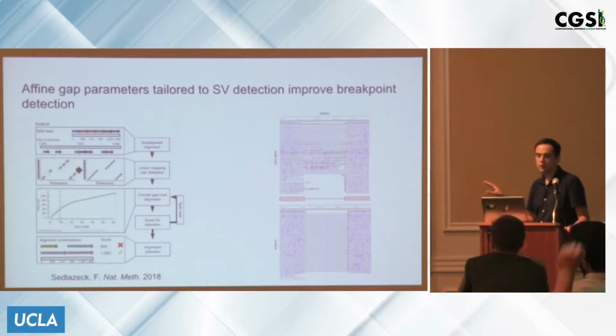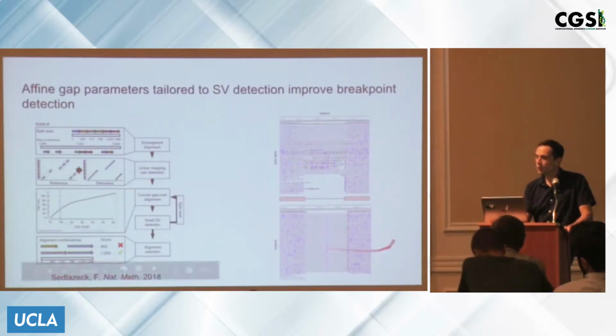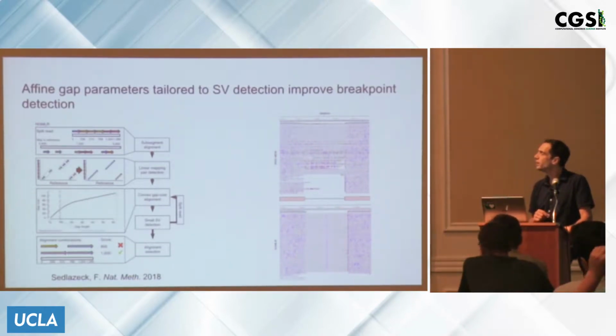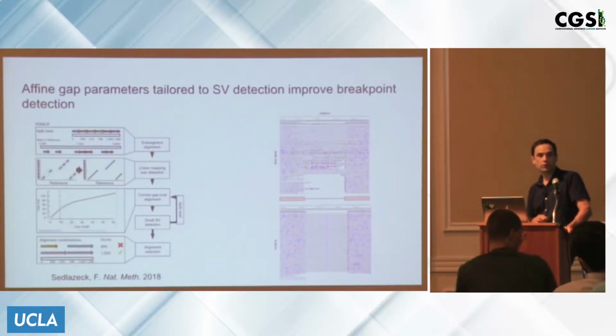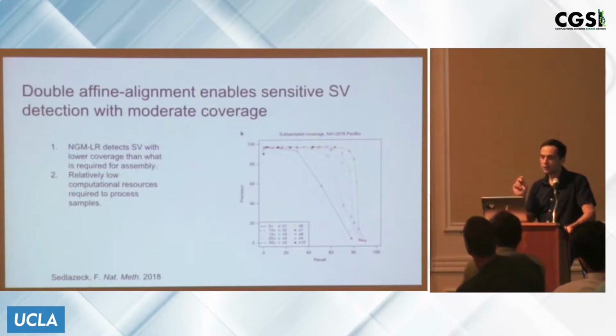So these are images from the paper that describes NGMLR. There are plenty of regions that don't look this clean, but by and large, this is able to define variants with pretty good sensitivity without having to resort to assembly-based methods.